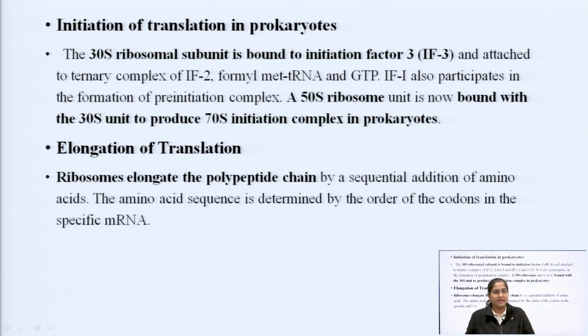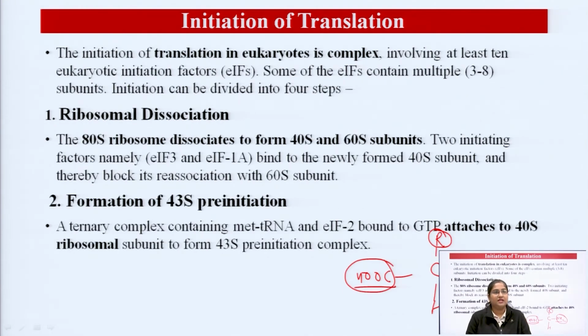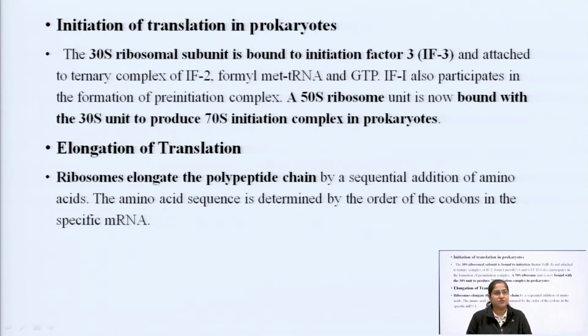Now let us study the initiation of translation in prokaryotes. We have studied eukaryotes, and now we are going to study prokaryotes. So in prokaryotes, the 30S ribosomal subunit binds to initiation factor IF3 and is attached to a ternary complex of IF2, formyl-Met-tRNA and GTP.